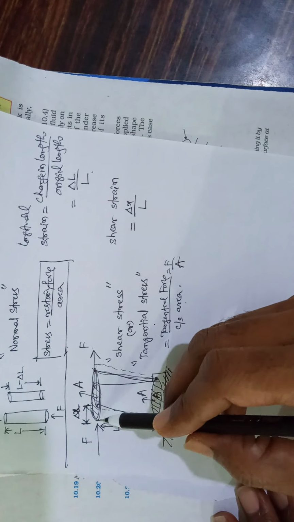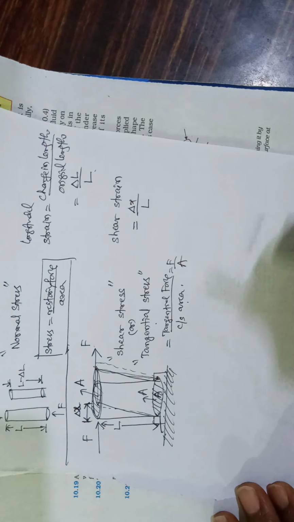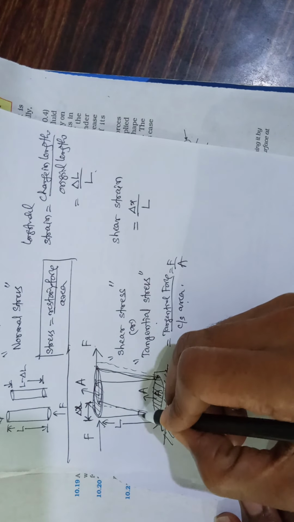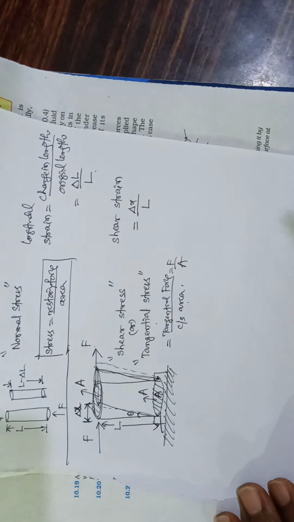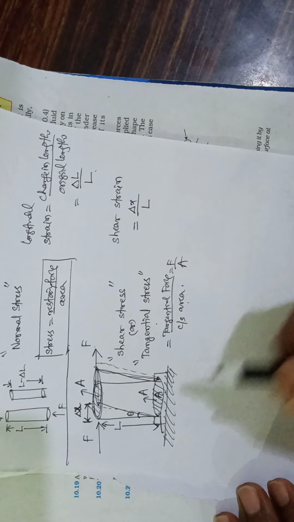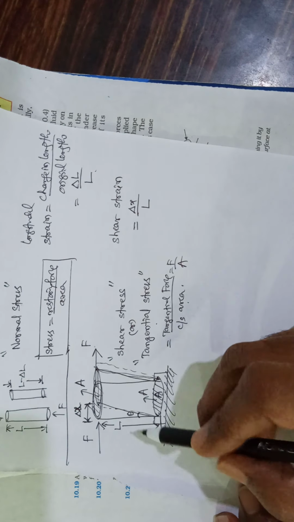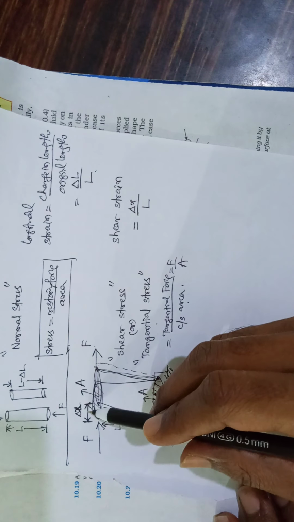But see, this is a right angle triangle, and here if you take an angle theta, tan theta is equal to opposite side by adjacent side.